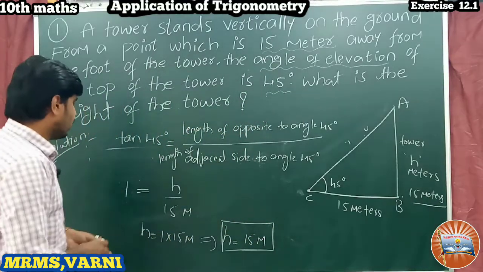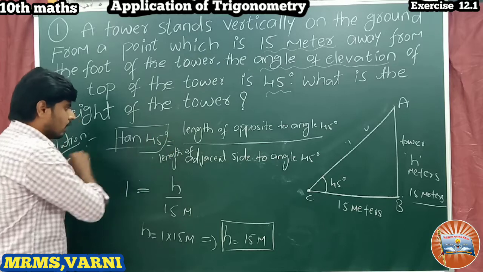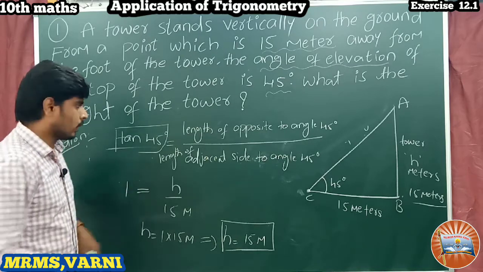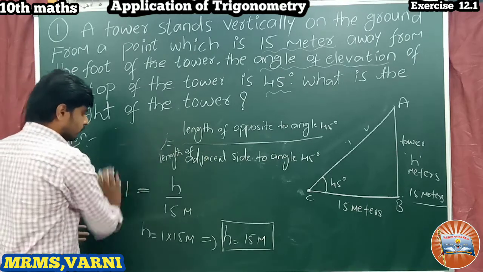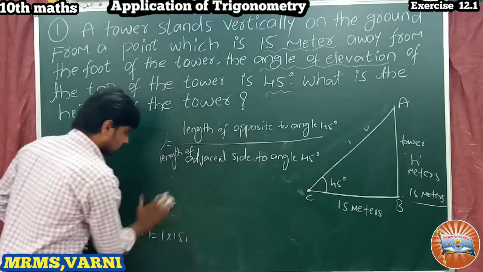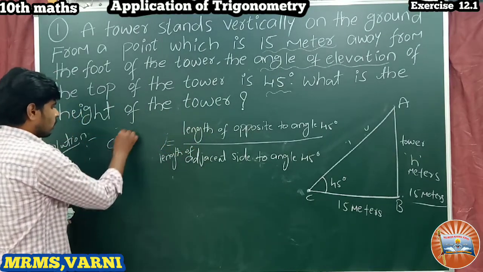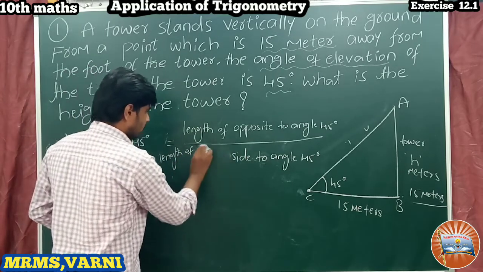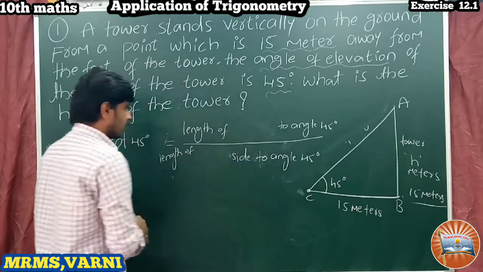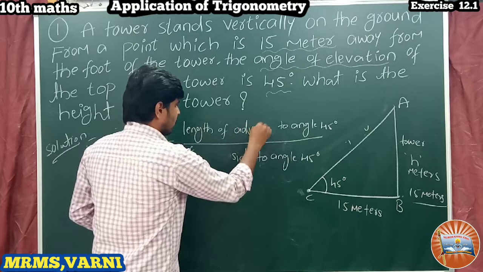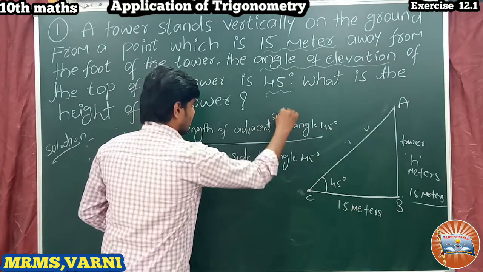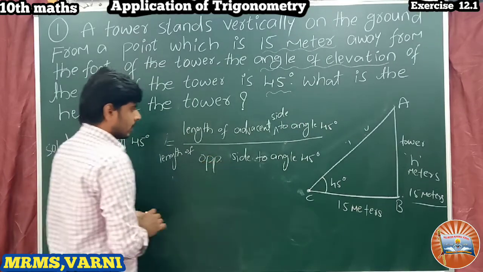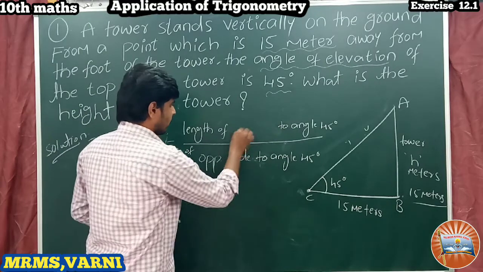Here I have used tan 45 degrees. This problem we can also solve by taking the cot ratio. Let us try the cot ratio. Cot 45 degrees we take the reverse: length of the adjacent side to angle 45 by length of the opposite side to angle 45.